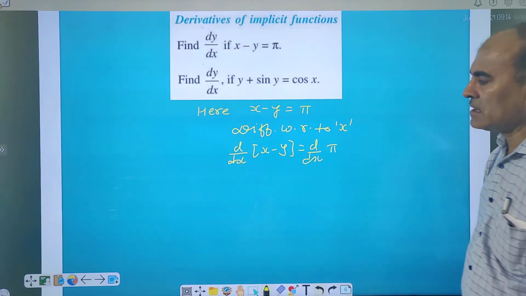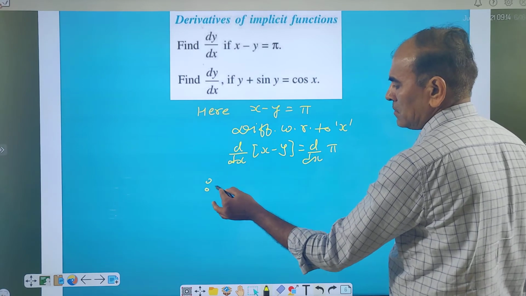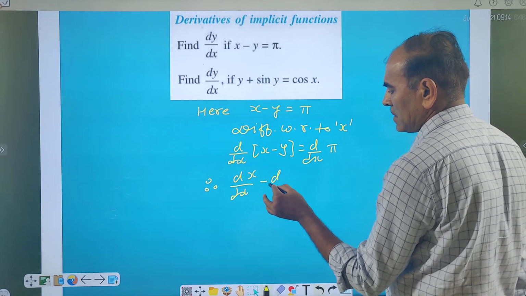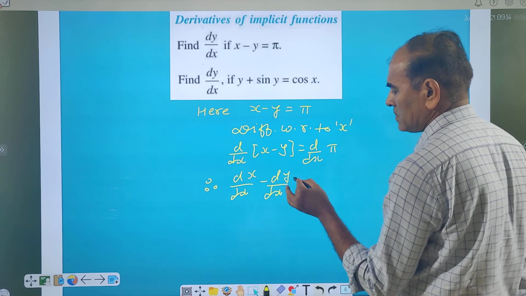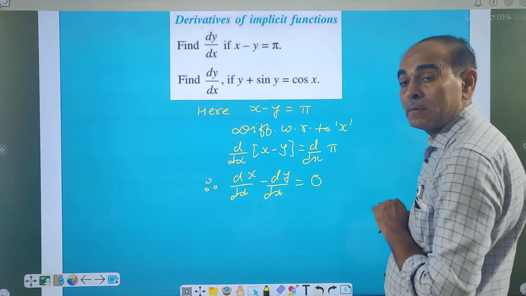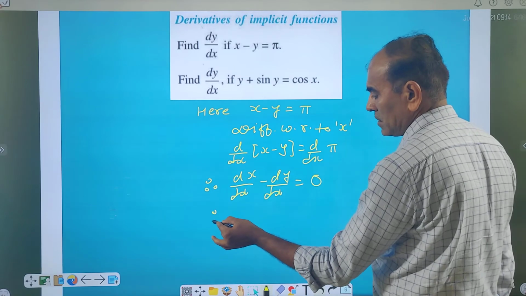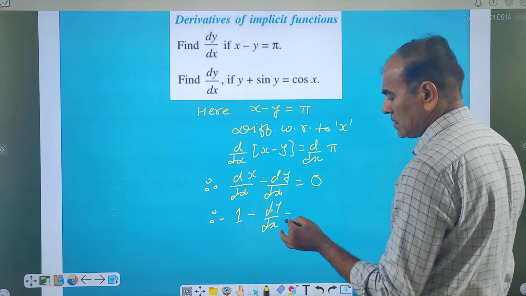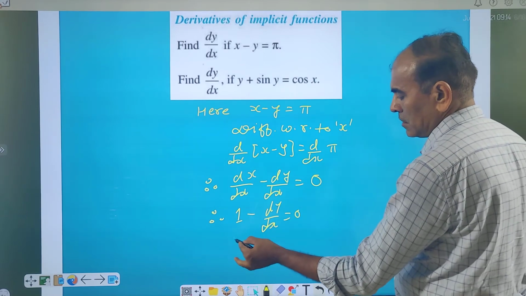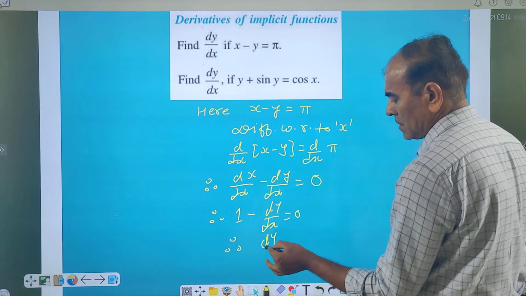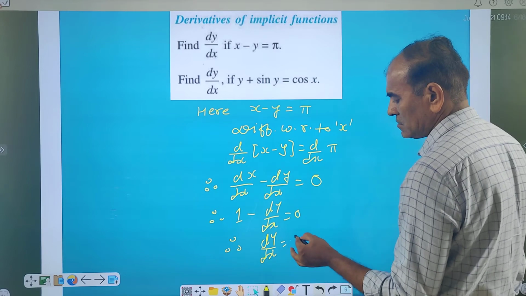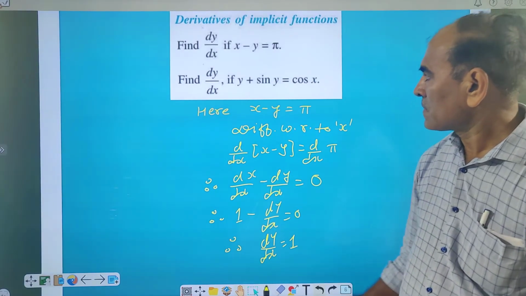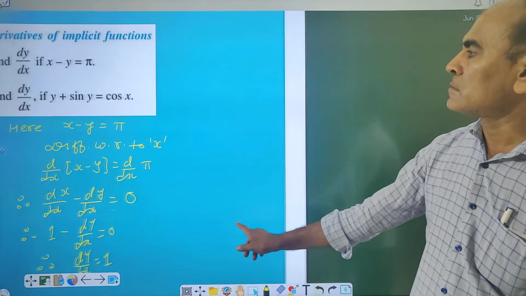Give the derivative to both: d by dx of x minus d by dx of y is equal to 0, and this comes out 1. 1 minus dy by dx is equal to 0, and therefore dy by dx is equal to 1. Clear? Next, what we want? y plus sin y is equal to cos x.